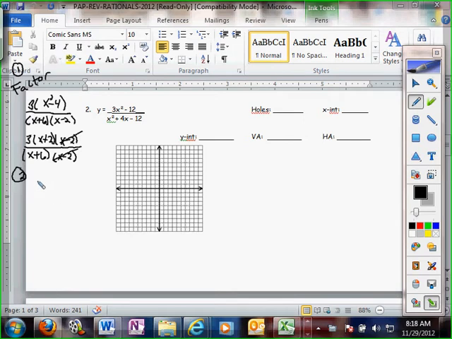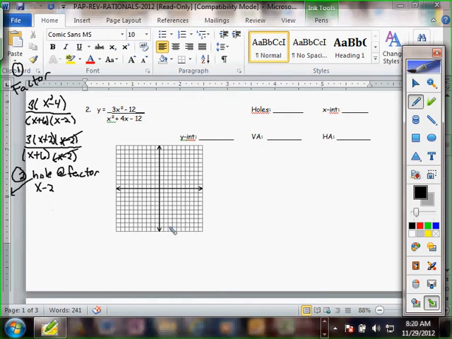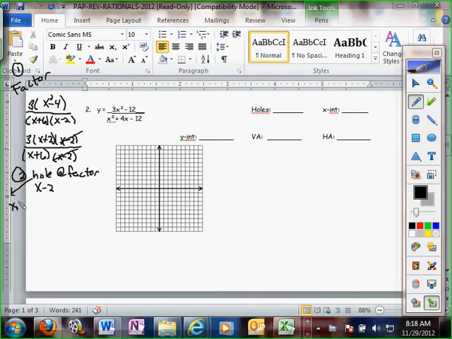And so I have a hole at the factor x minus 2. Now this hole has an xy value. Okay, so you have to find the x and you have to find the y.